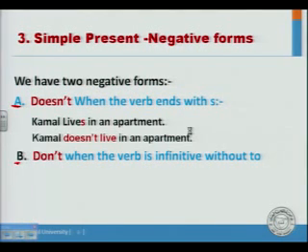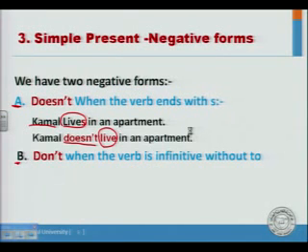You see here, Kamal, in affirmative or positive, the verb ends with S. If you want to write the negative form, you just write doesn't before the verb and delete S, because S comes with doesn't.